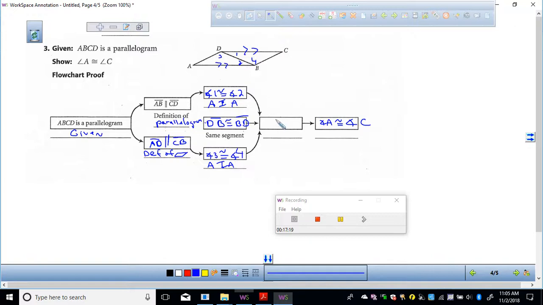Who wants to tell me what goes in this box? Kira. Triangle DAB. I called it ADB. Triangle DAB is congruent to, go in the right order, triangle BCD, okay?